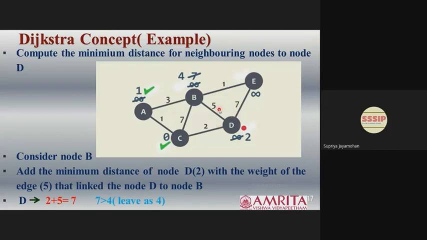So as I mentioned, first we are checking for node B. When we consider node B, we are getting the value as 5 plus 2. So it is going to be 7. 7 is actually greater than 4. We don't want to replace 4 and go back to a higher value. So we leave it as 4 itself.